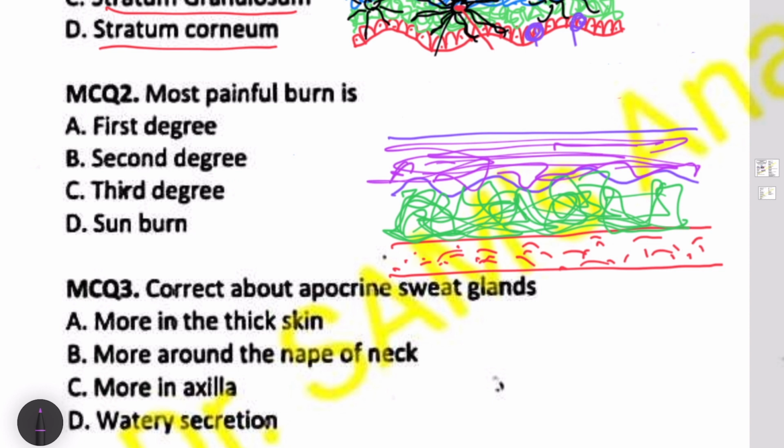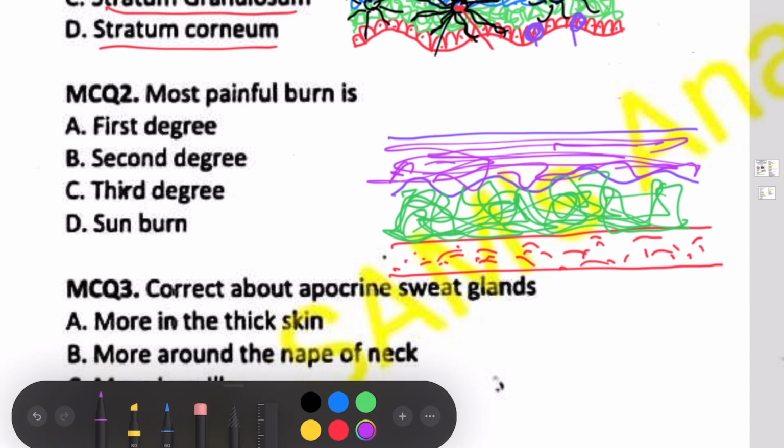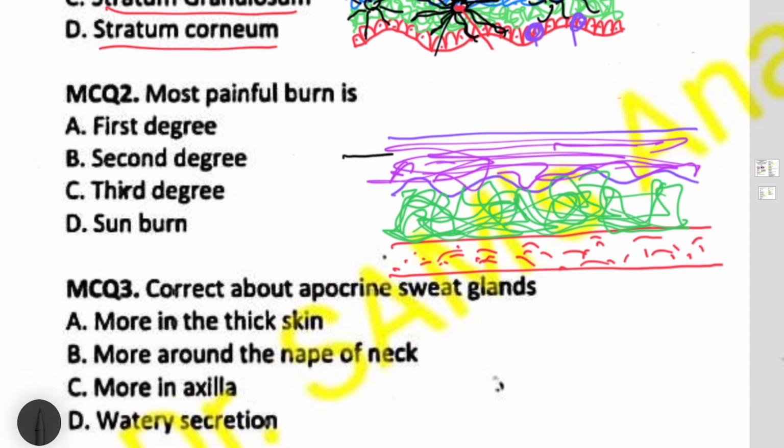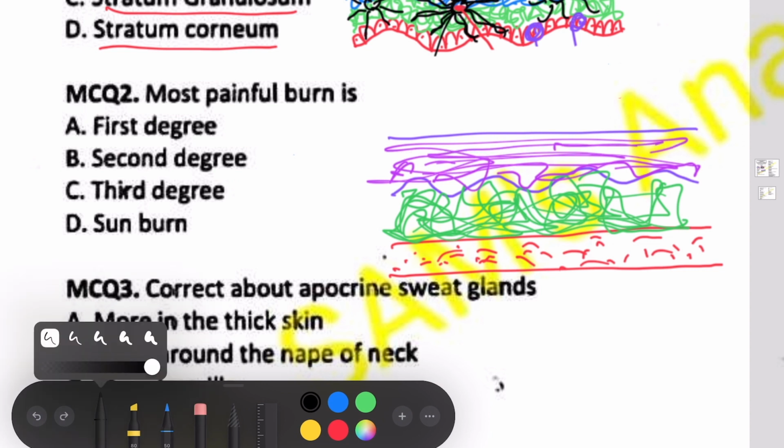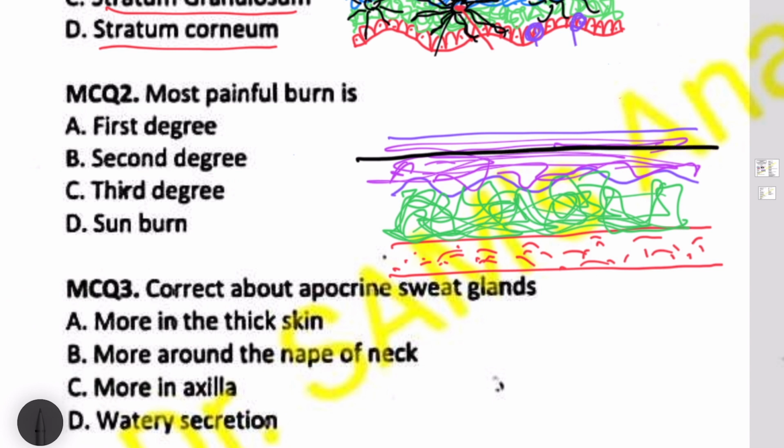Now talking about degree of burn. Let's say this is the first degree burn, and the second degree burn is one which passes through this dermo-epidermal junction.